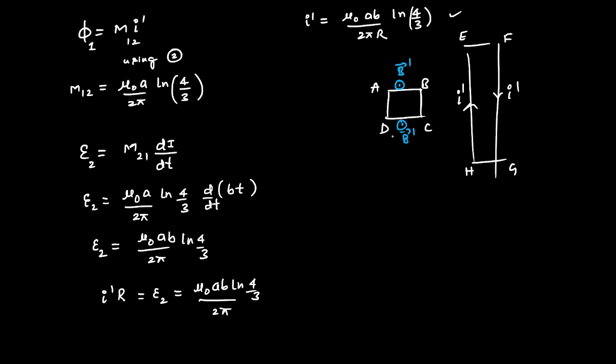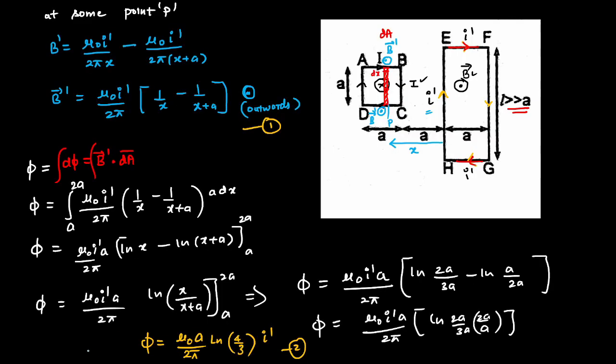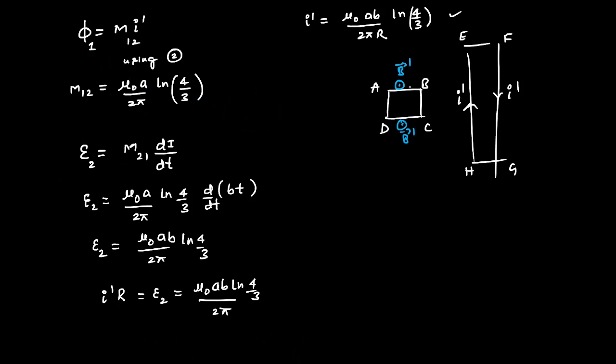because of this EH current carrying wire as well as FG current carrying wire. So our plan is, if you think of AB alone as a current carrying wire, and we know that the current flowing in this particular coil is clockwise, moving in this particular fashion.